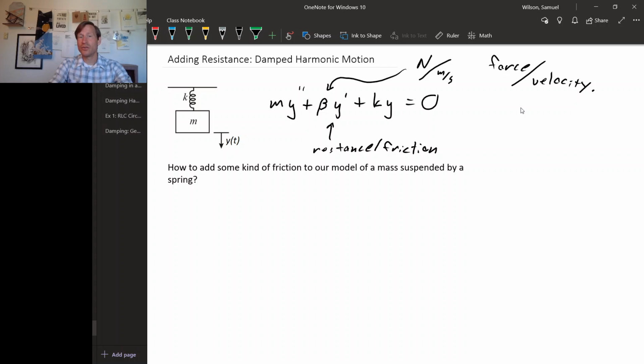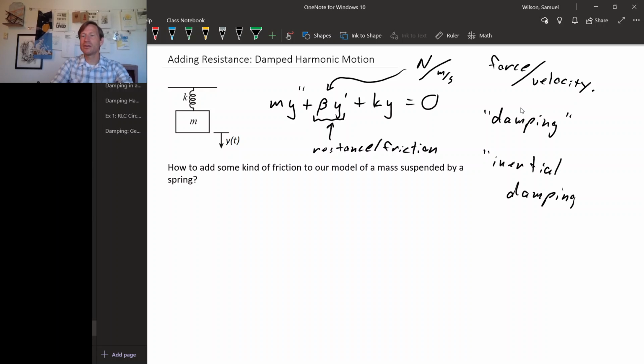This kind of resistance term is called a damping term. And this kind of damping in particular is called inertial damping.